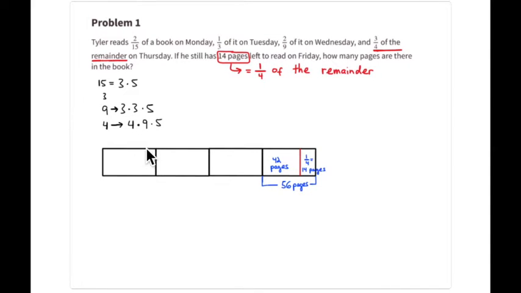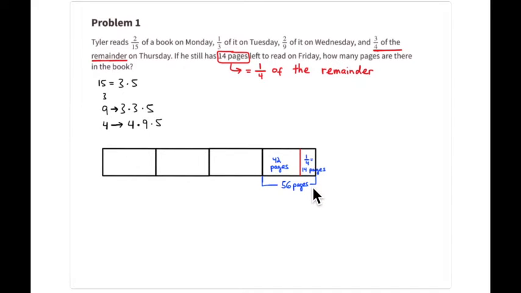All right, so now this drawing in the beginning is not to scale. These parts are not the proper relative sizes. I'm just making sections so I can put some numbers in there to move towards the answer. And I said a moment ago that we know that this 1/4 of the remainder is 14 pages.